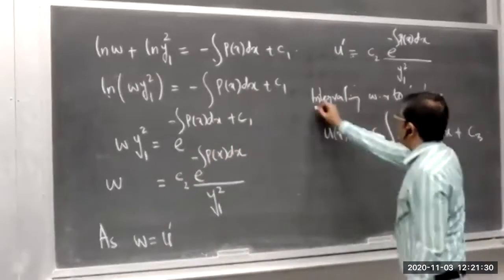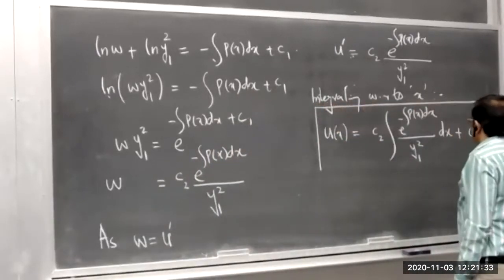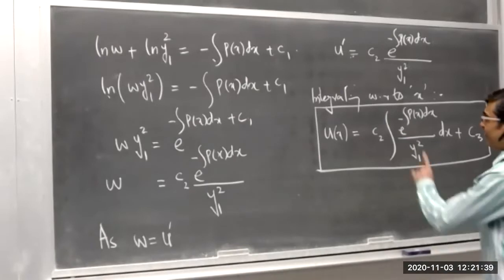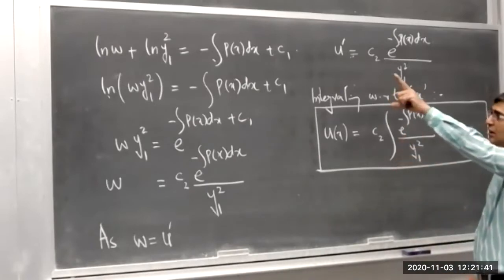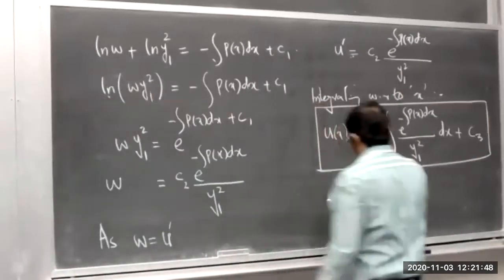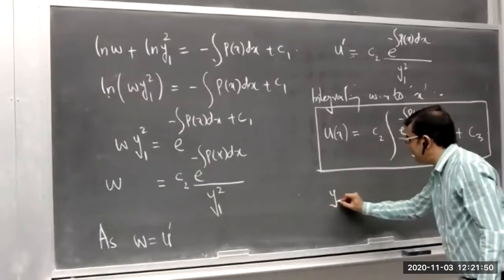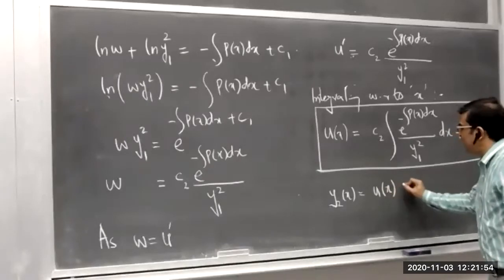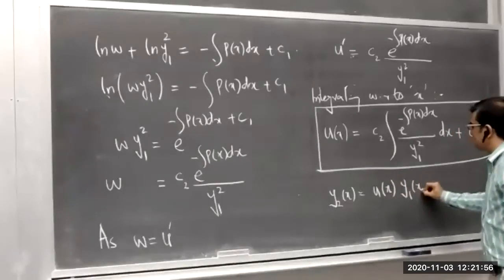Now this is u of x. It is basically an unknown function which we wanted to find in the start. We assumed this transformation at the beginning, that y2 of x is equal to u of x times y1 of x.